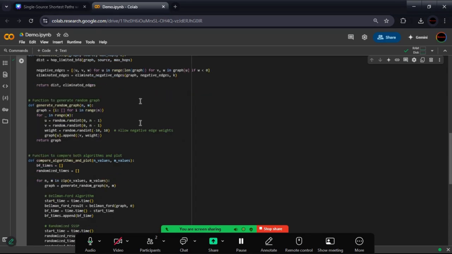One thing I forgot to mention earlier is that this is a partial implementation of the algorithm that is discussed in the paper. When we were implementing the full algorithm, the time complexity we were getting was not as expected. So we implemented it partially, using only two steps. The first was eliminating negative edges. The second one was the hop limited approach.